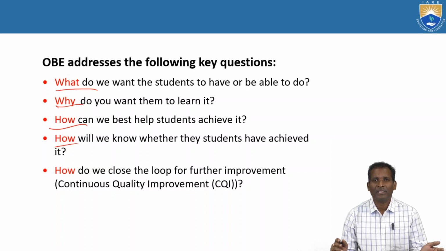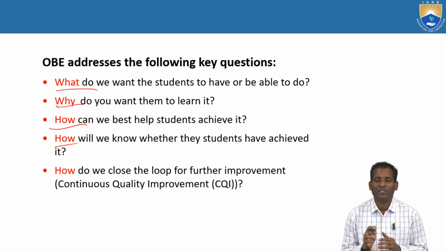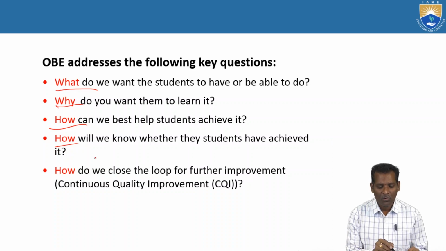How can we best help students achieve it? How are they achieving? In what way are we giving the best things to the students to achieve the goals? That is the important thing.